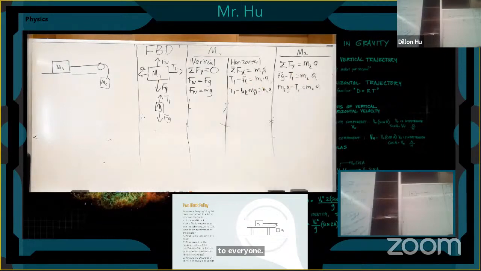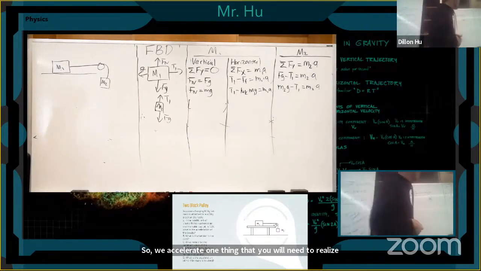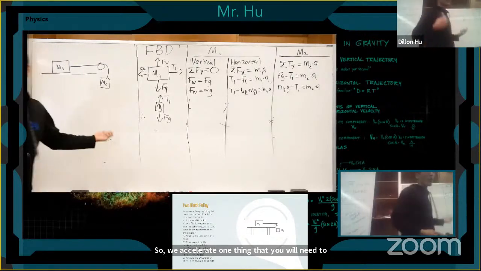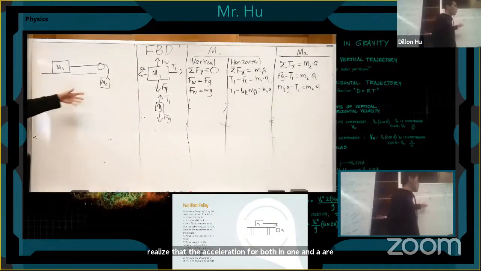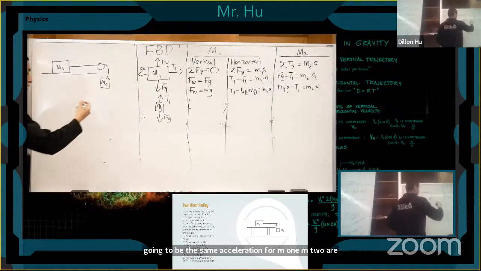So now what we have is a system of equations. One thing that you will need to realize is that the acceleration for both M1 and M2 is going to be the same. So the acceleration here and the acceleration here are going to be the same, right?